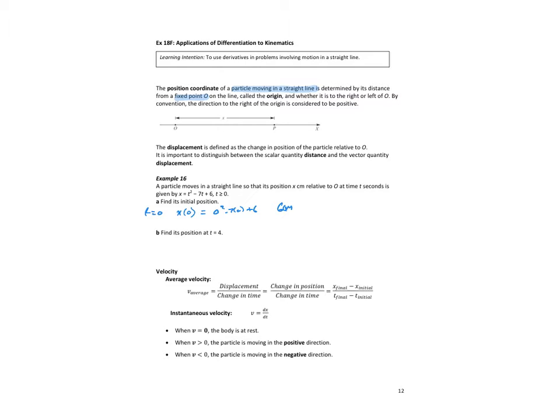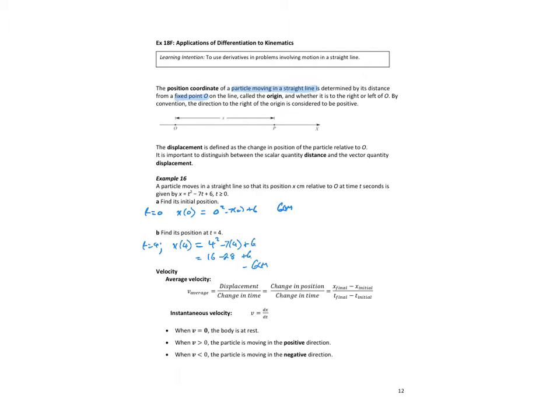At t equal to 4, my position is 4 squared minus 7 times 4 plus 6, which is 16 minus 28 plus 6, which is negative 6 centimetres.